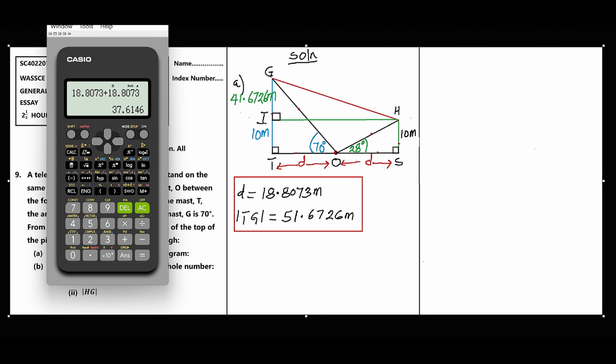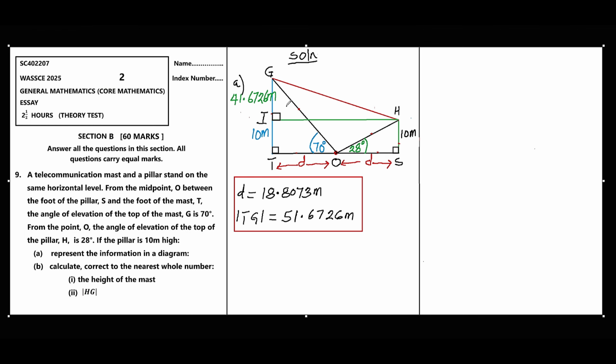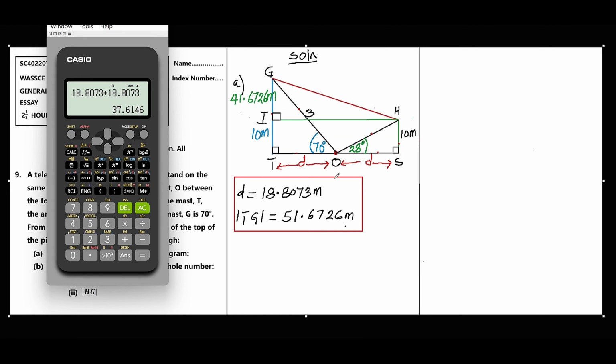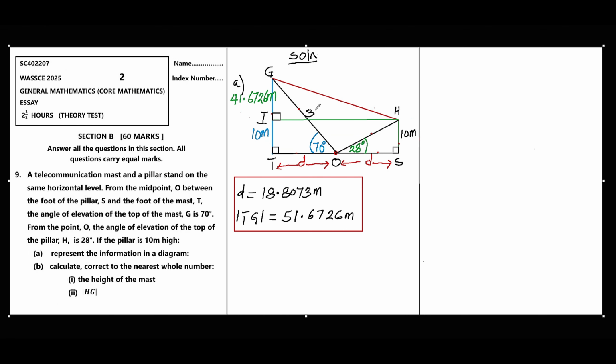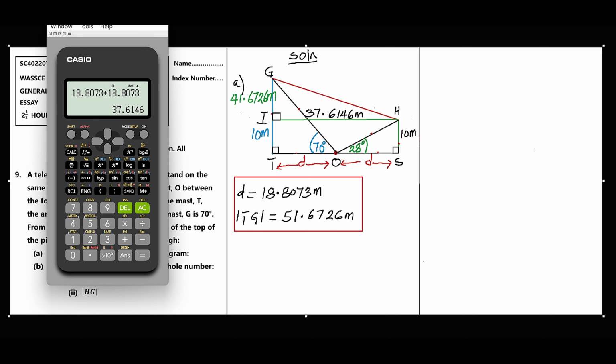So we have 37.6146 meters. So that is for line IH.